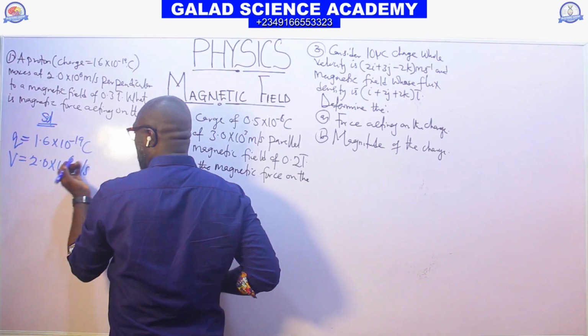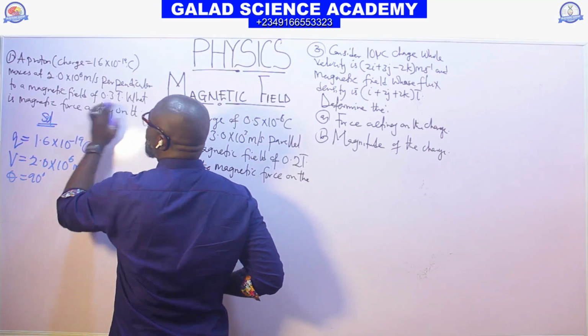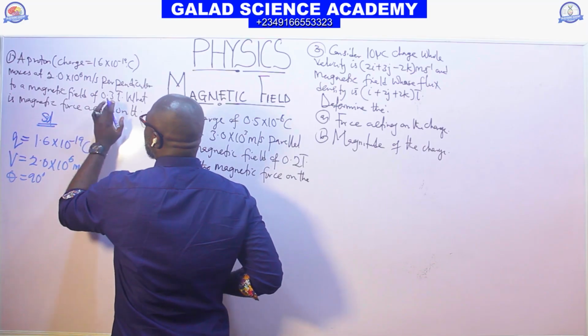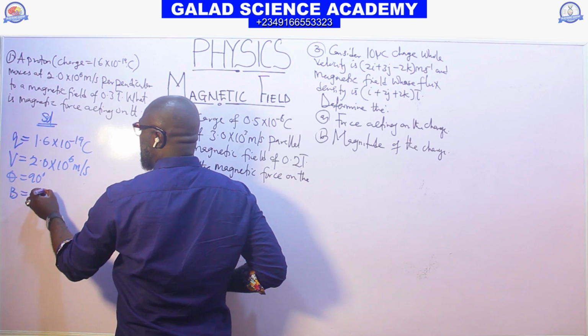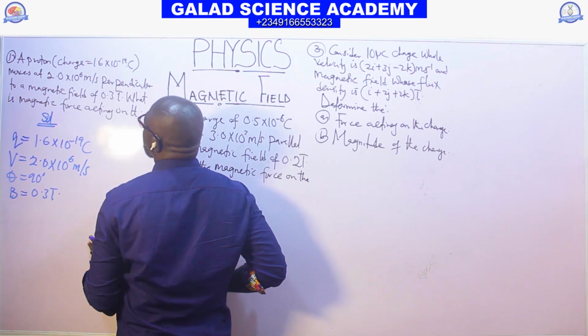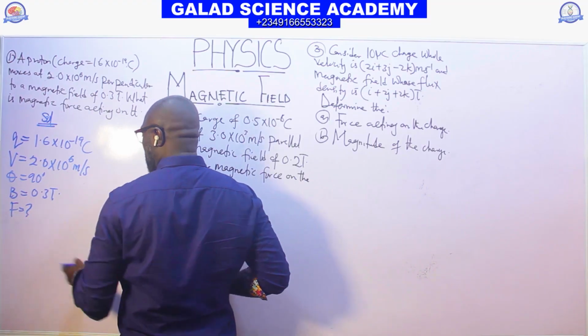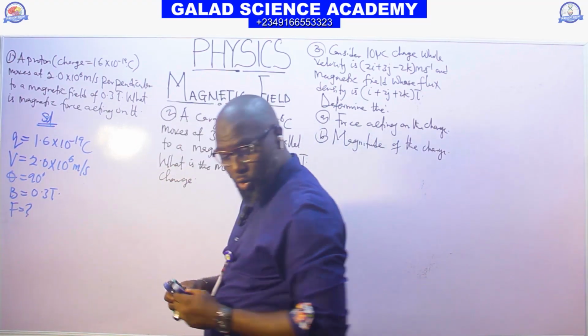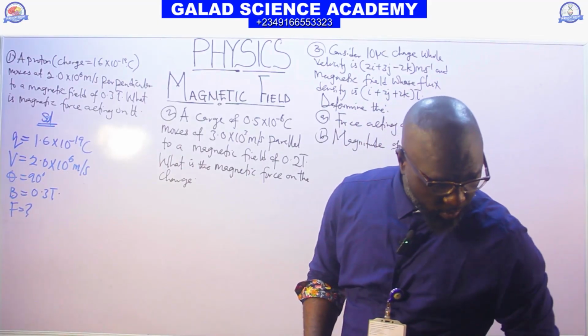Good. When it's perpendicular, we know that theta is 90 degrees. The magnetic field density in Tesla is given, and the magnetic force is unknown. Good. What do we do now? We apply our force formula.